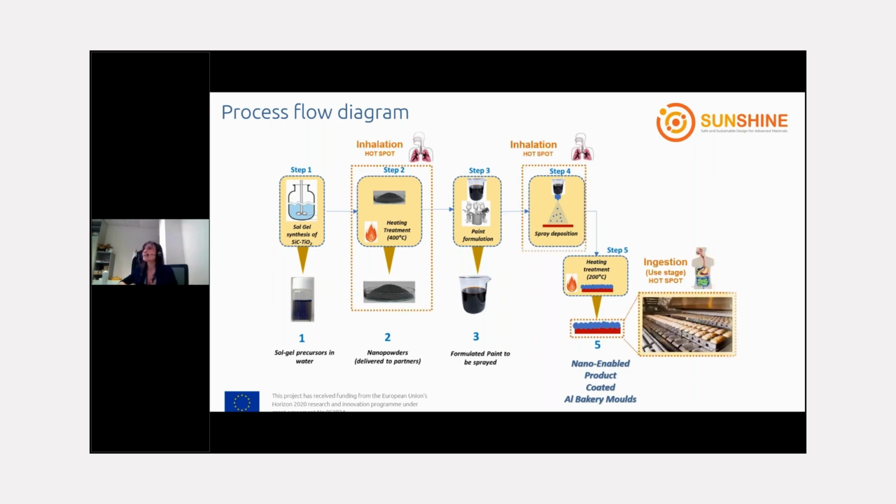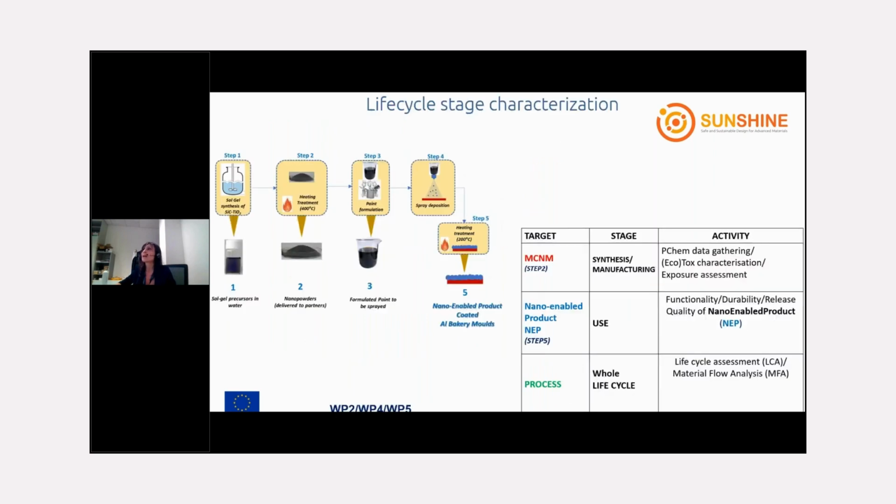First, we identified the main hotspot exposure scenarios: the inhalation hotspot for the worker exposure during the processing, and the ingestion related to the use stage due to the food contact material.